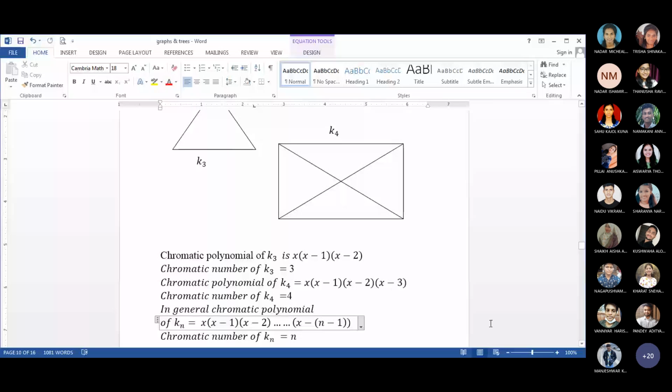So we get the answer as n in general. For K3 we get 3, for K4 we get 4. So why have you written n minus 1 there? Yes, in general. See, when I write the chromatic polynomial formula for K3, how many vertices are there in K3? 3. And what is my polynomial? x, x minus 1, x minus 2. So what is the relation between 3 and 2? 2 is 3 minus 1, right?